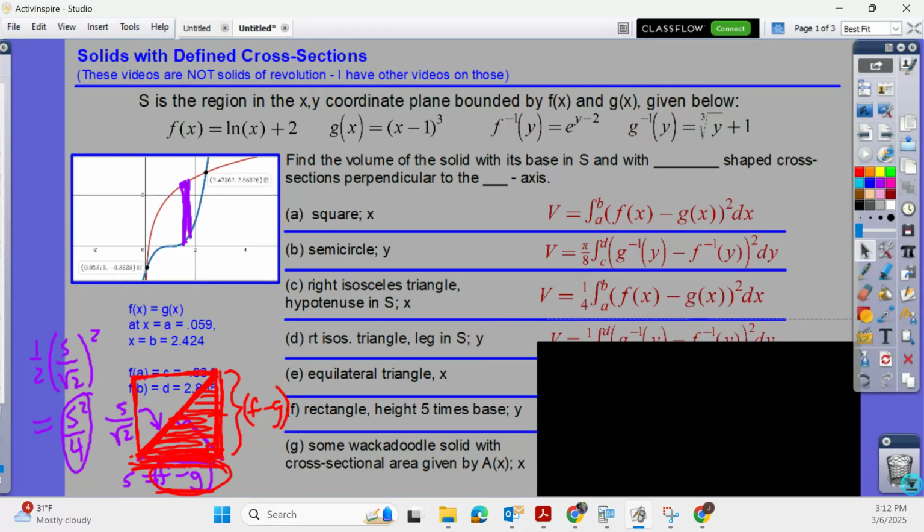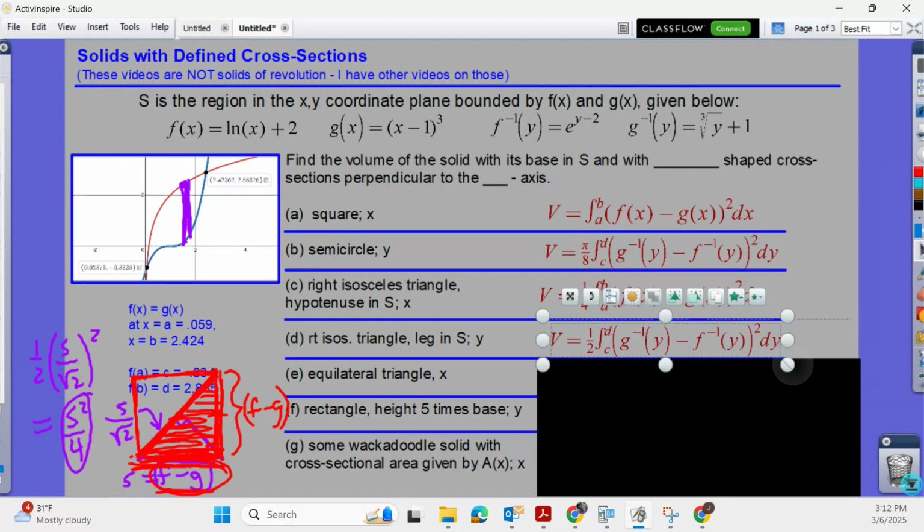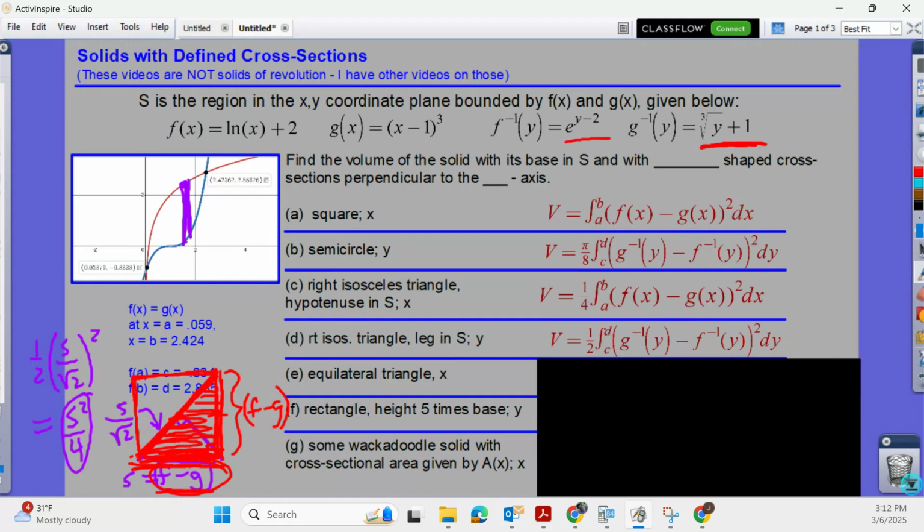So we have the 1/2 for the coefficient. We have c to d because it's horizontal, it's perpendicular to the y-axis. We have g inverse minus f inverse. We have the x as a function of y for the rightmost curve minus x as a function of y for the leftmost curve.